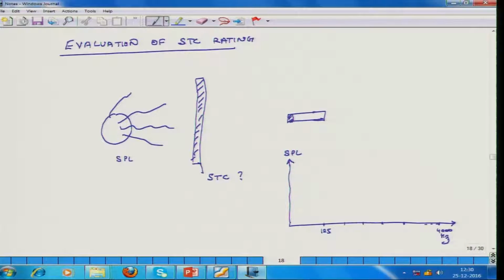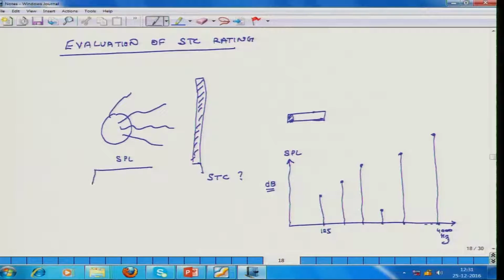For the different bands, I plot how much sound is being reduced. Maybe it is reduced like this, maybe like that. This is in decibels. How much sound is reduced? How do I find it?